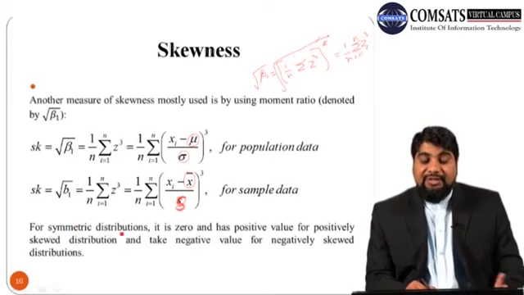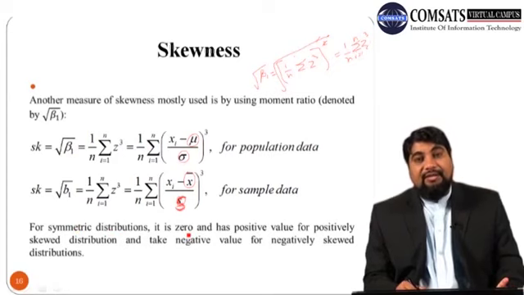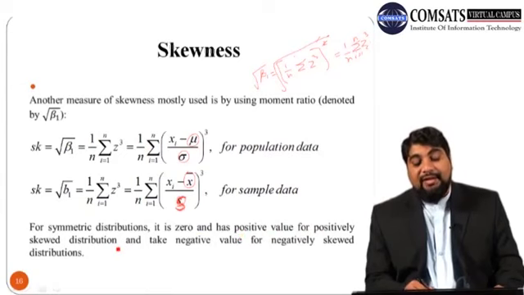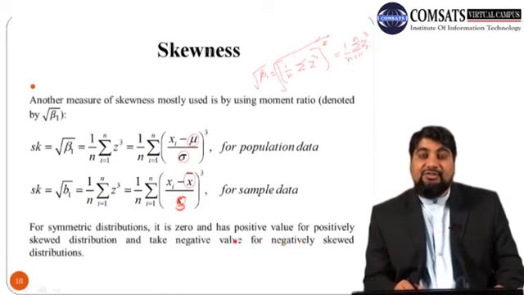So remember that for symmetric distributions, the value of skewness is 0, it takes a positive value for positively skewed distributions, and it takes a negative value for negatively skewed distributions.